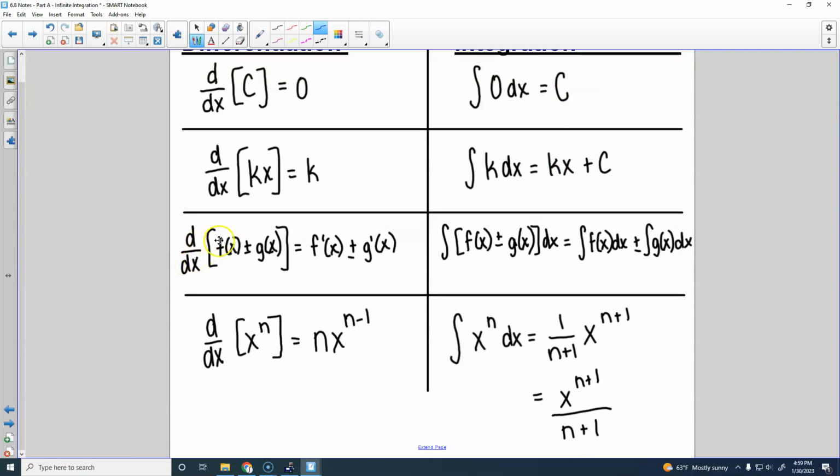If I take the derivative of two functions that are separated by a plus or minus sign, I can just take the derivative of the first and then add or subtract the derivative of the last. In a similar manner, I can also split integrals apart that same way. We really already talked about this in the video about the properties of integrals. And then at last, the rule for a derivative is that I will subtract 1 from my exponent, and then multiply out front by my exponent.